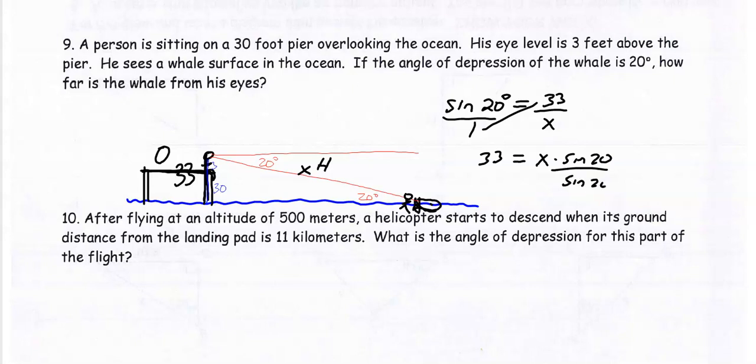Another division problem. Man, they're loading us up with division problems. 33 divided by sine 20. I'm getting 96.485, which would be 96.5. Looks good.